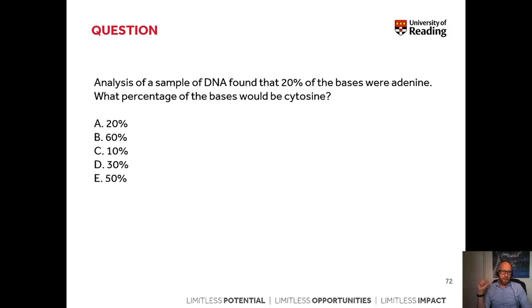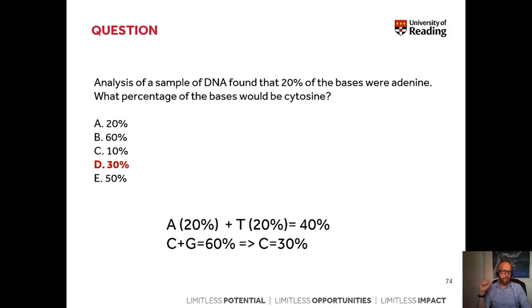The obvious answer here is 30%. But why? Obviously, if we add all of the bases in a molecule of DNA, then we need to end up with 100%. Because we know that A always pairs with T, the percentage of T must be 20% as well.